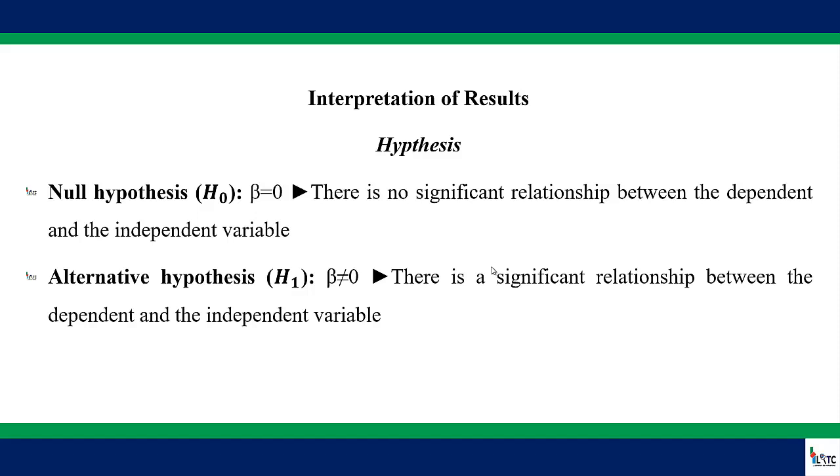And what tells you whether the relationship is significant or not is the last x, which is significance. And look at the alternative: there is a significant relationship between the dependent and the independent variable. In the case of mortality rates and carbon dioxide emission, you will have there is a significant relationship between mortality rates and carbon dioxide emission.